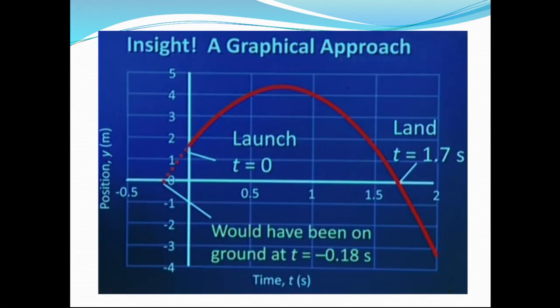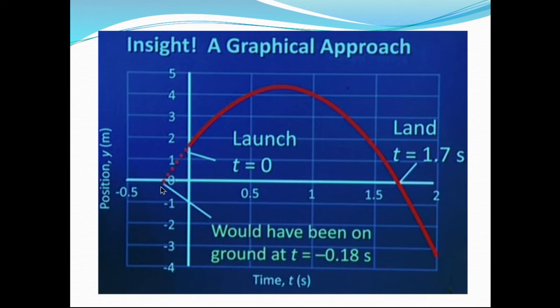So here it is. Here's the position versus time graph, the world line. And this represents right here where it was thrown. It goes up and then it falls down. But notice this graph, if we extend it before the throw, it would also hit the time axis. So this is the time we're getting.